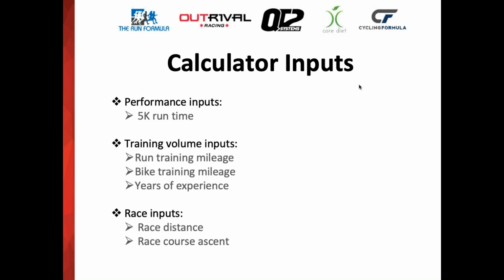So first of all, most run calculators or performance predictor calculators, essentially what you do is you enter a time that you've run in another race, and then it spits out a time that you think you can run at a different distance, which is pretty cool, fun to play around with.